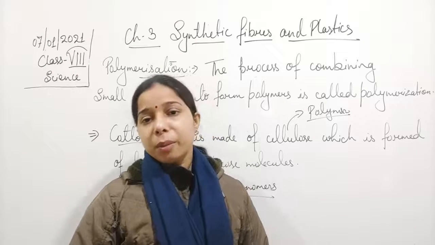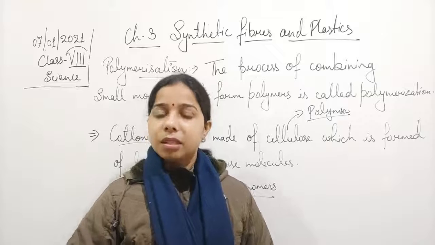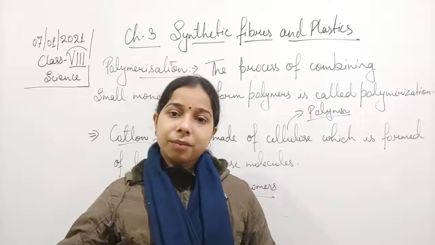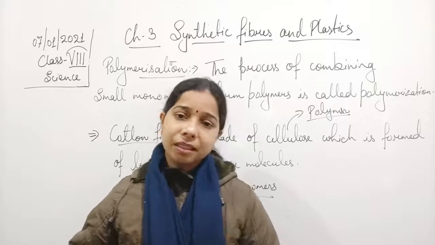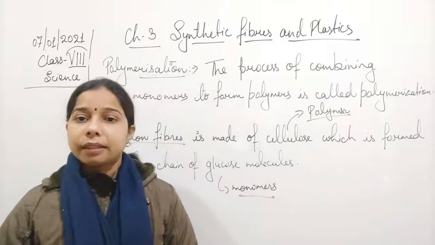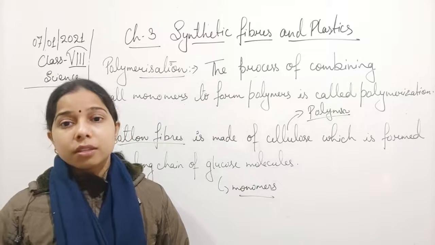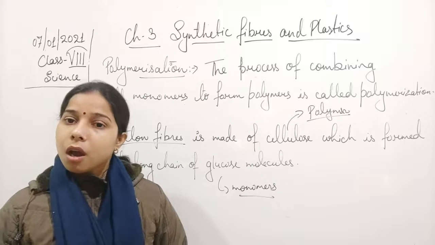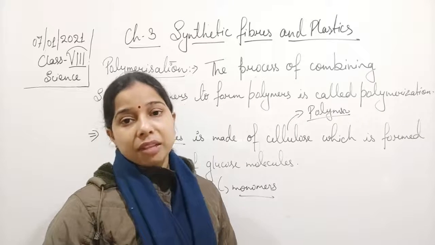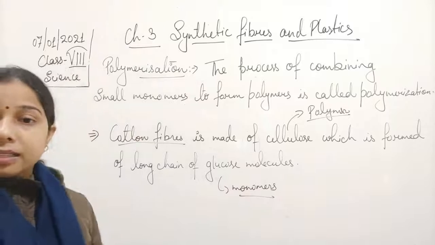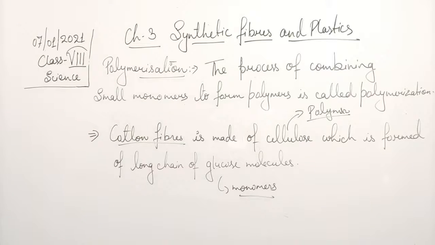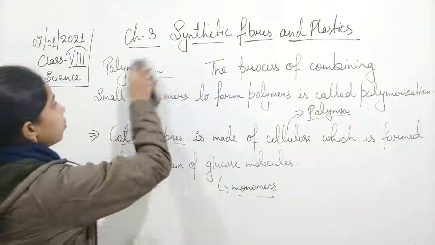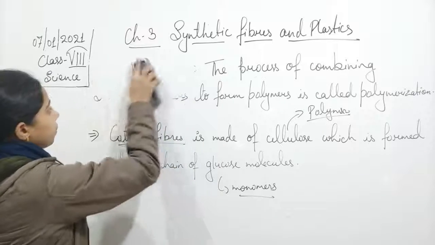Although the polymerization topic is explained in a very broad way in the higher classes, you should know the concept of what a monomer is and what a polymer is. Now let us see some of the synthetic fibers as well as their uses, the properties and uses of the synthetic fiber.